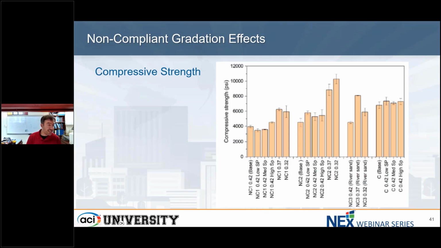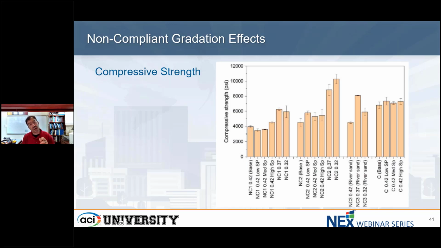And what we did is, and this is a very extensive study, I'm only summarizing some of the results. We said, okay, the compliant mix had a water cement ratio of 0.42, even with high dosages of plasticizers at the same volumetrics, we're not getting the same strength.